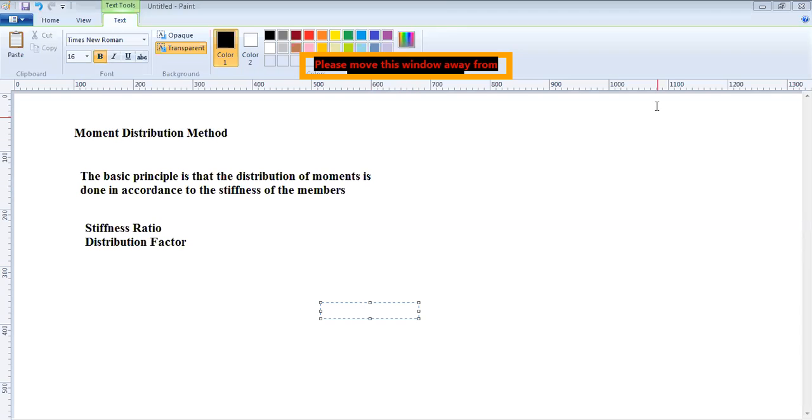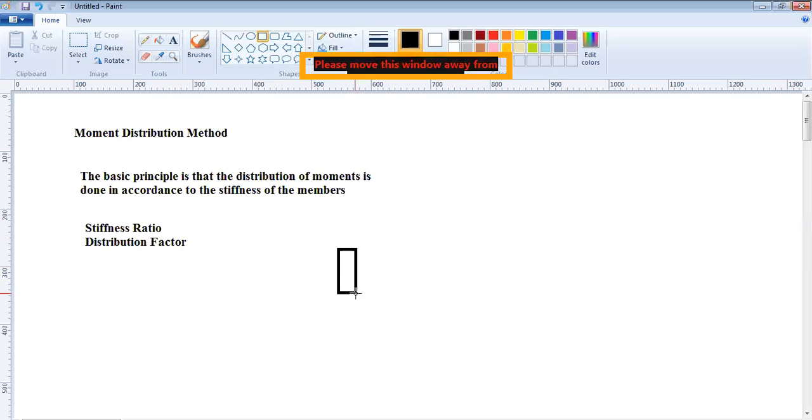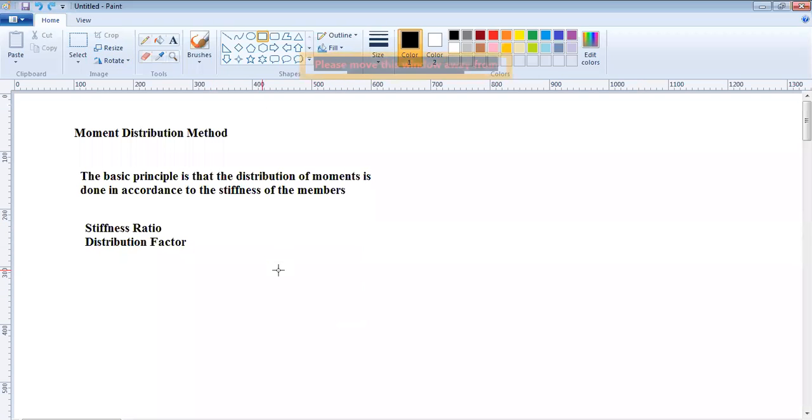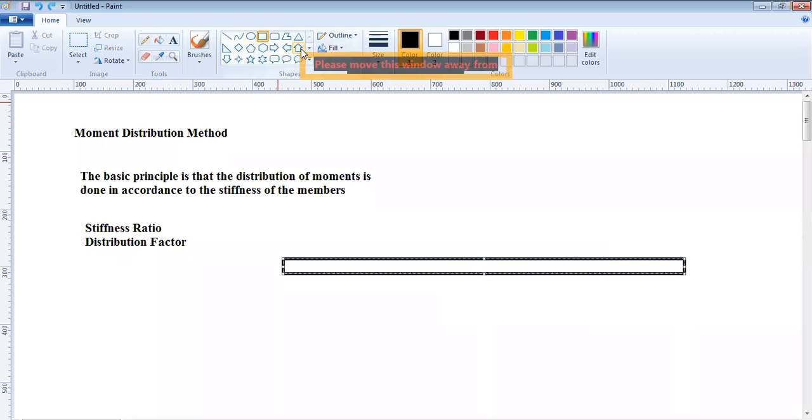Let us take an example. Now, let us have a beam. In this beam, let this end not be fixed. Let there be a beam. Then there is a simple support here. It's a continuous beam. There is another simple support here, and there is a third simple support at this location. Now the load that's acting on this beam is a UDL load.